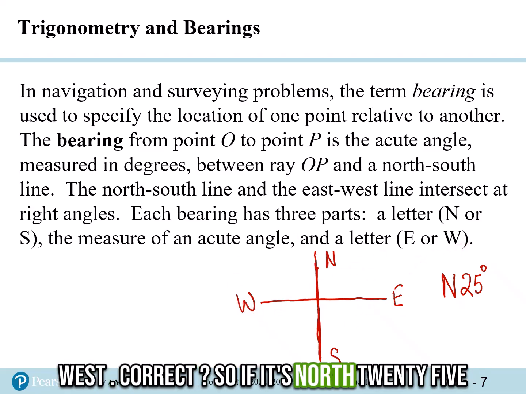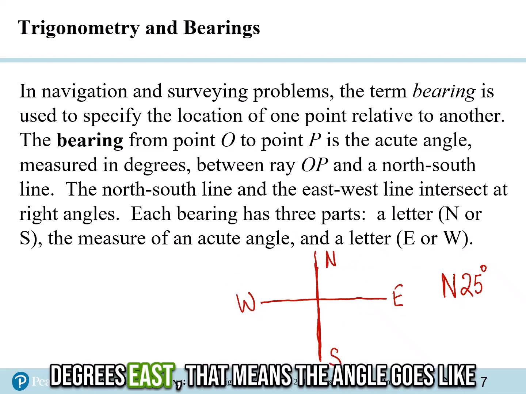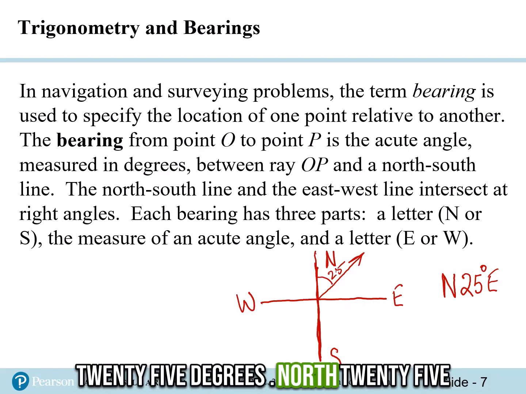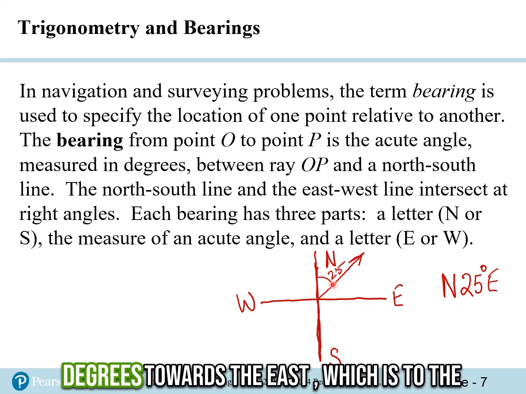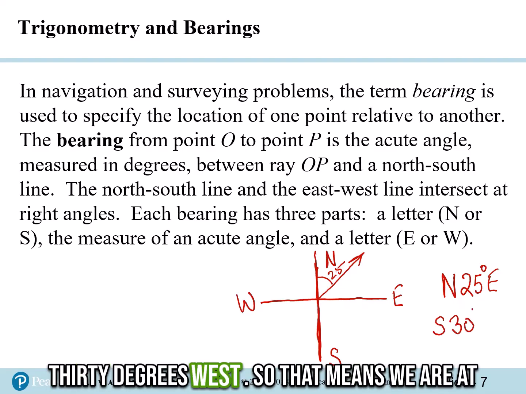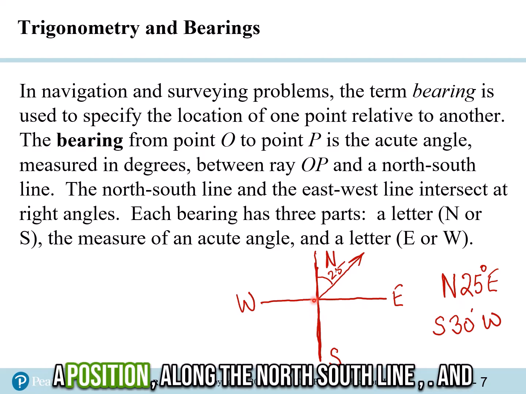So if it's north 25 degrees east, that means the angle goes like this, right? It goes like this. And this angle is 25 degrees. North 25 degrees towards the east, which is to the right. Let's take another measure, south 30 degrees west. So that means we are at a position along the north-south line.